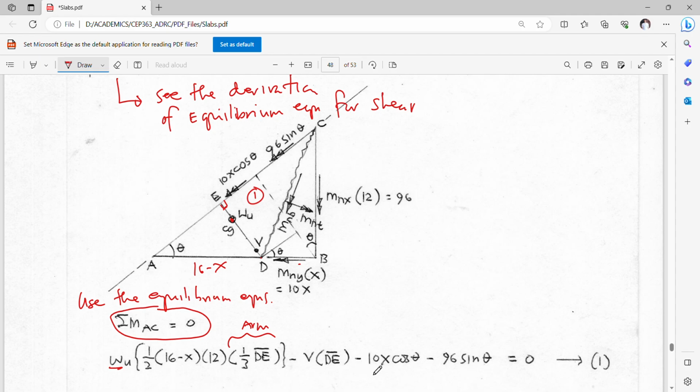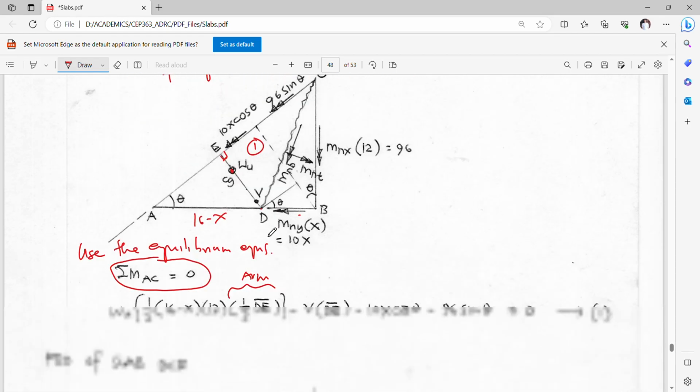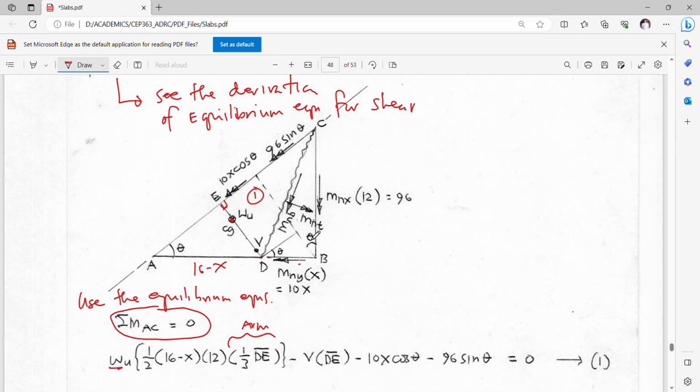Then I also have my moment, m and y, coming from the reinforcement along direction y. This is simply 10, which is given here, times the length x.